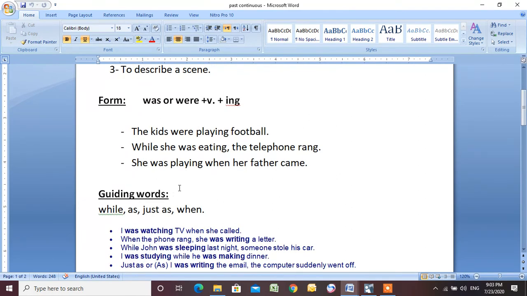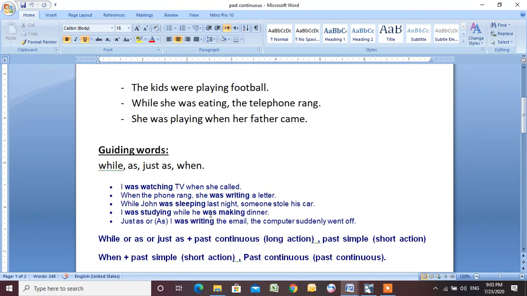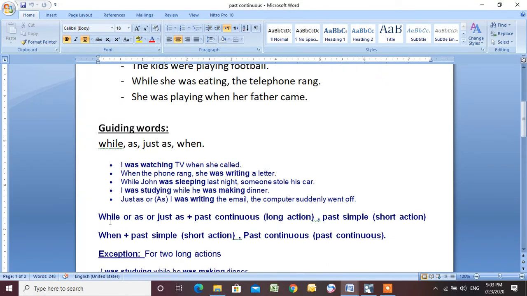What are the guiding words of the past continuous tense? While, as, just as, and when. So while is the same as just as and as. So while or as or just as.